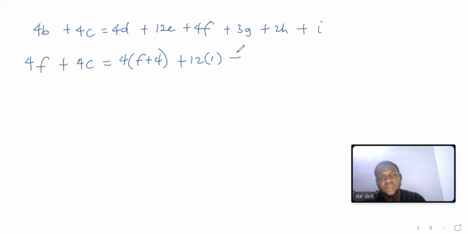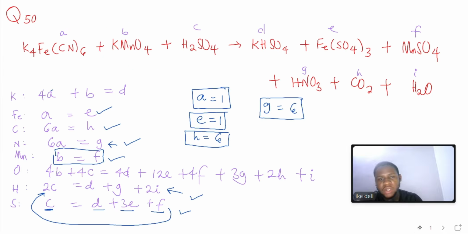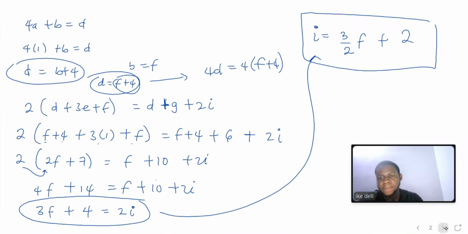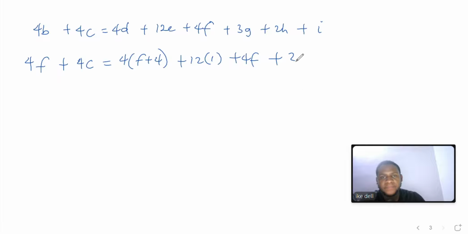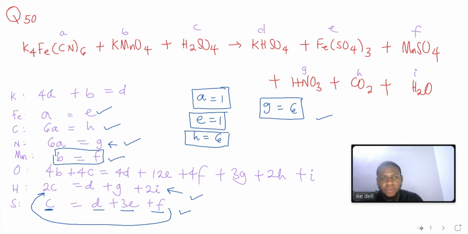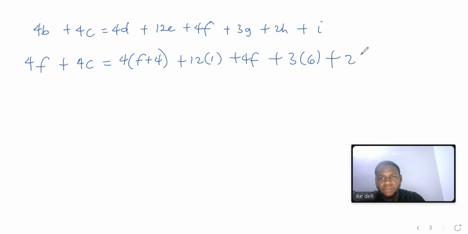E is already 1. Plus 4f, then plus 3g. g is already 6 from here. Plus 2h. What's h? h is 6 as well. Plus i, which I can also express in terms of f.